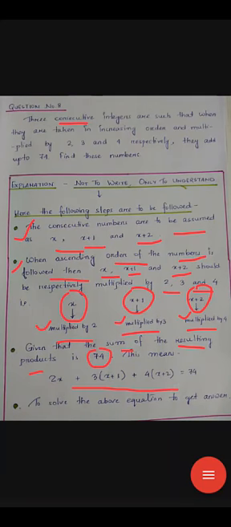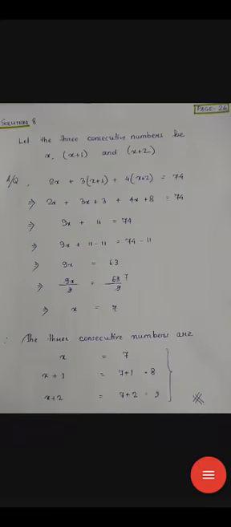Twice x plus 3 into x plus 1, this is the second product, plus 4 into x plus 2, this is the third product, that is equal to 74. Solving this above equation, we can get our answer. Now let us look at the solution part.